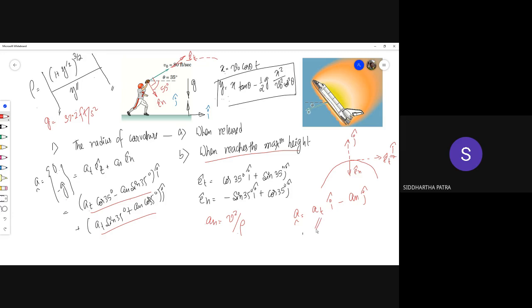So at that time at would be 0, but an would be g, because the acceleration due to gravity is minus g. So an would be g. And therefore you can then get the radius of curvature from those values. Okay, so that is going to be the difference.